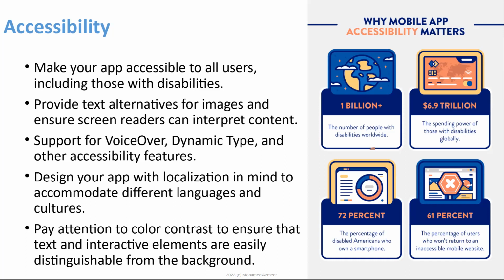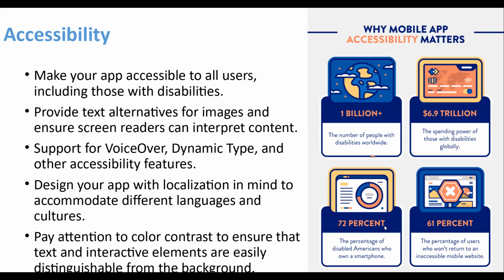They will label your app as inaccessible for them. So they'll just never come back to it. So your first time experience has to be very, very smooth, or you're going to lose this 6.9 trillion spending capacity, right? So that's very, very important.